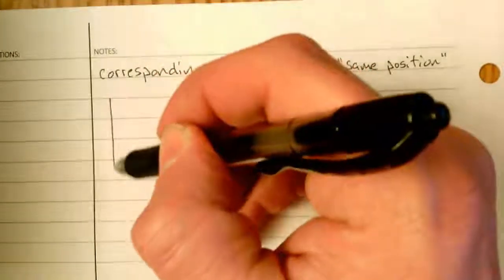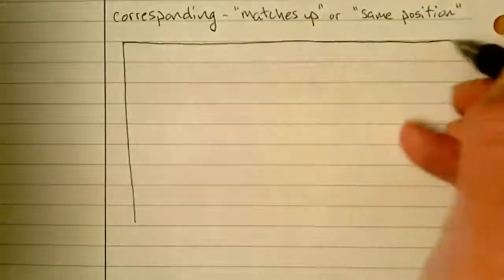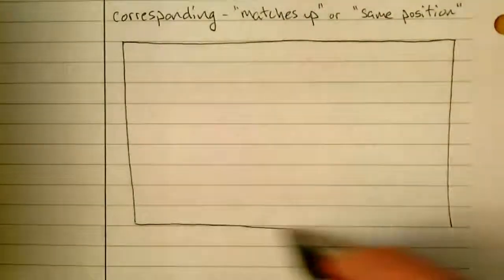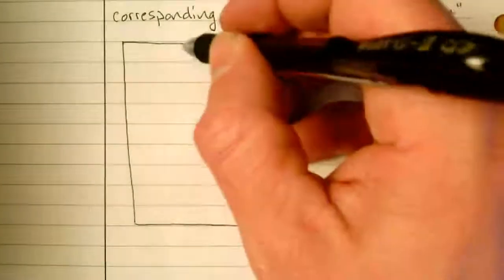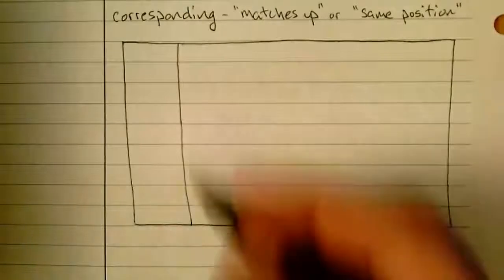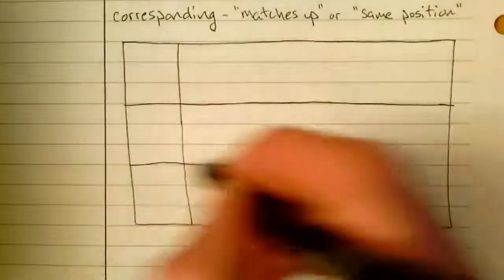1, 2, 3. I'm going to go 3 boxes down. I'm going to make another 3 by 3, just like we did before. Alright.